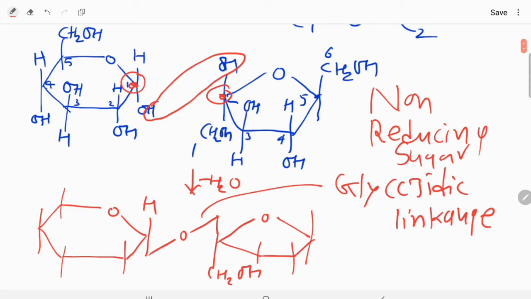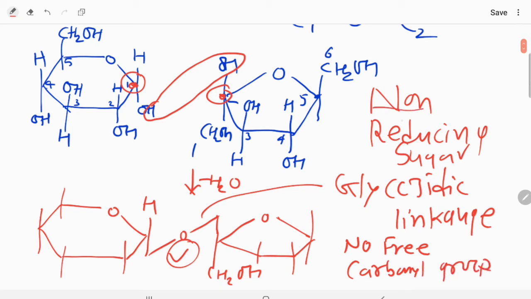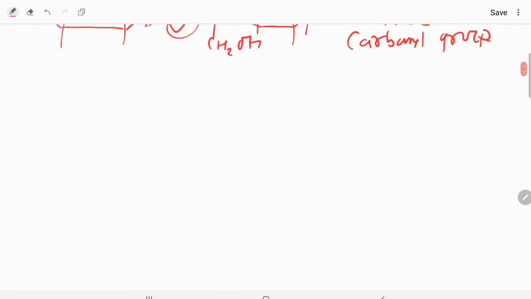And both are linked via glycosidic linkage, so no free carbonyl group is present. So that's why it's known as a non-reducing sugar, because it cannot reduce Tollens reagent or it cannot reduce Fehling reagent. I'm sure you understand this particular one.